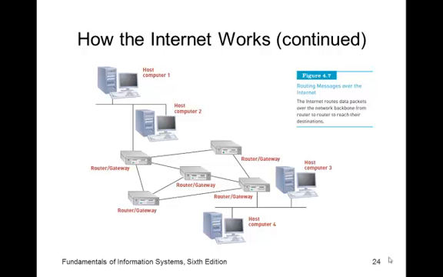This is figure 4.7 from page 174 in your book, and it shows a typical internet arrangement of computers. It's a very simplified arrangement, but in general we have multiple computers that connect to a router. The router understands all of the IP addresses of the computers that are connected to it, and it is possibly connected to other routers.